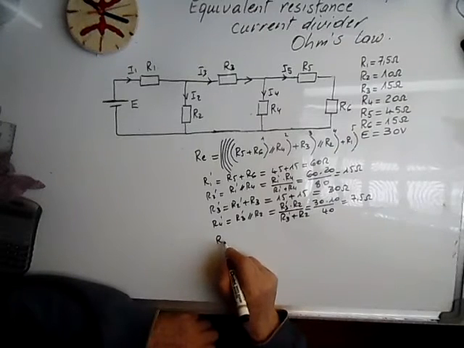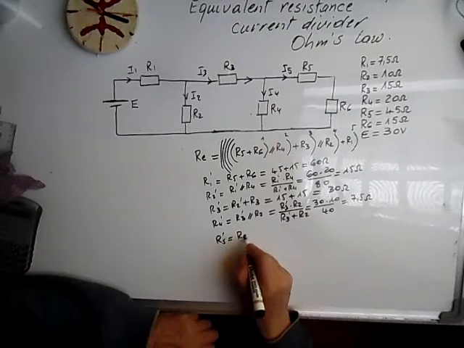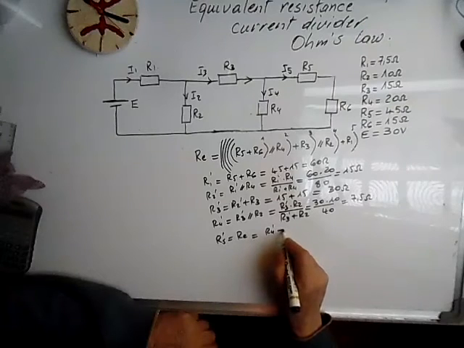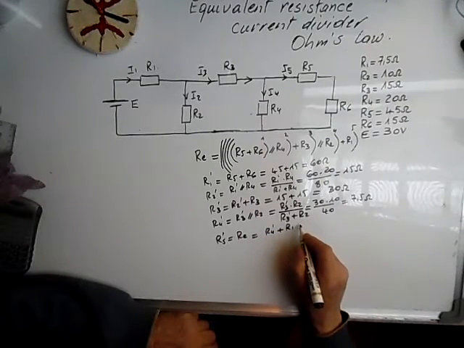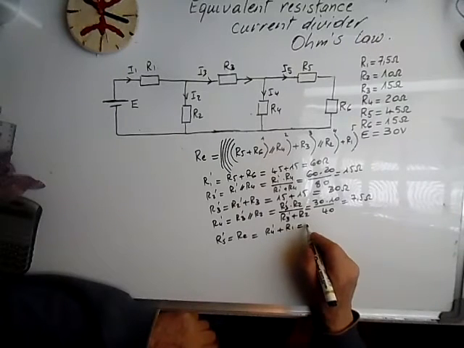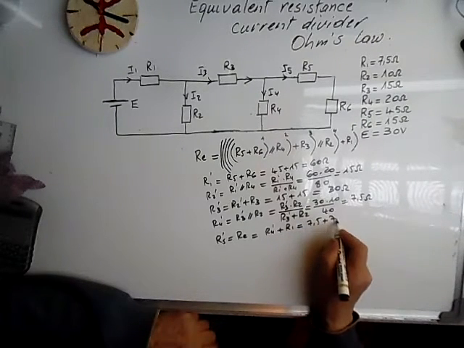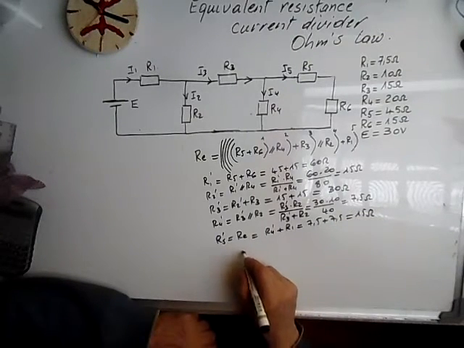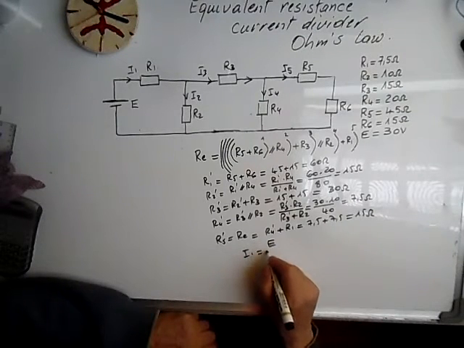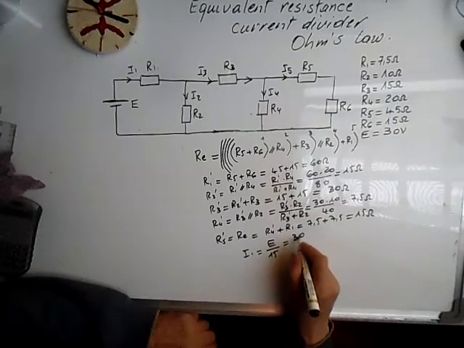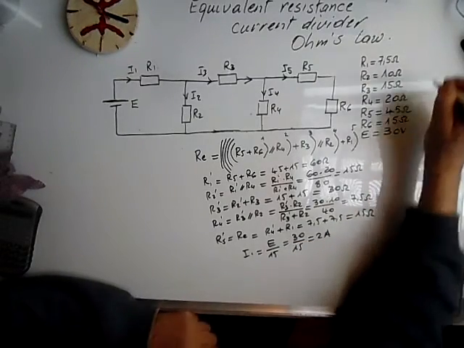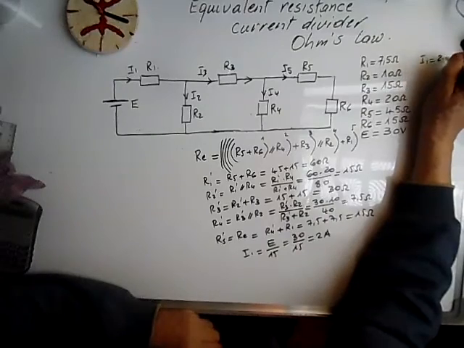And lastly R5 prime, which is equal to the equivalent resistance, is R4 prime plus R1, and this is 7.5 plus 7.5, and it's 15 ohms. So now we can calculate the main current, which is E over 15, so 30 volts over 15 is 2 amps. We can write it here, it's 2 amps.